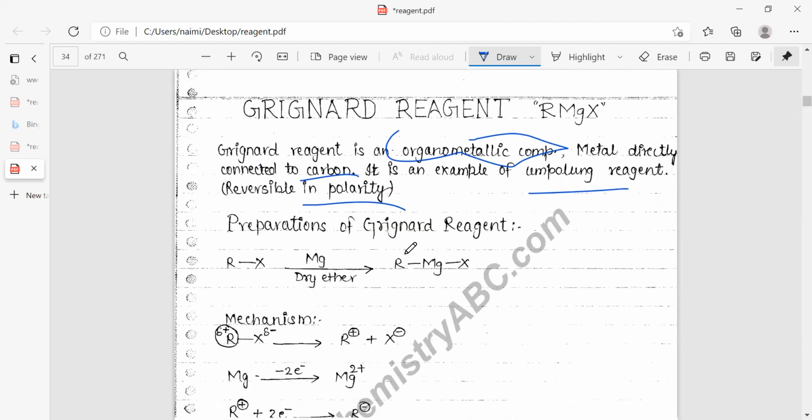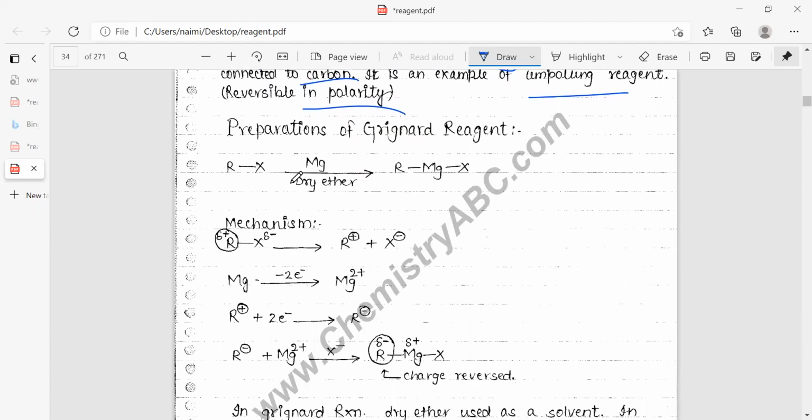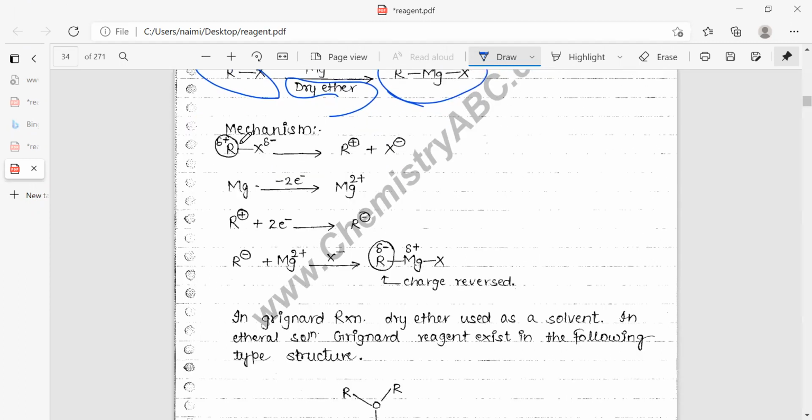So to prepare a Grignard reagent, you should use an alkyl halide, and magnesium metal will be added in the reaction medium, which is dry ether. RMgX will be formed here. In the mechanism, if you see here R plus and X minus, Mg is oxidized by losing two electrons and converted to Mg2 plus.